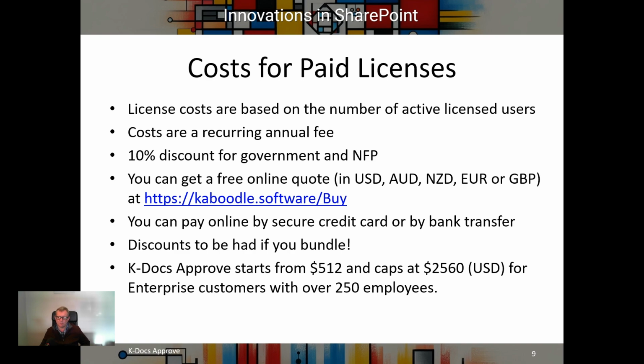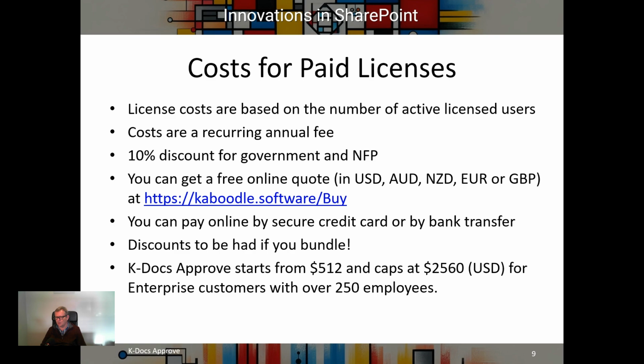Price for this particular product, if you can believe it, starts out for a micro organization at as little as $512 a year. But it caps out at just over $2,500 if you're an enterprise organization, which we define as one with over 250 employees.